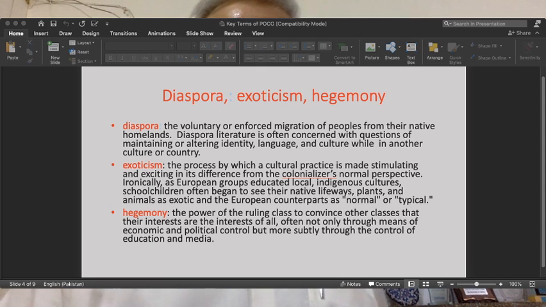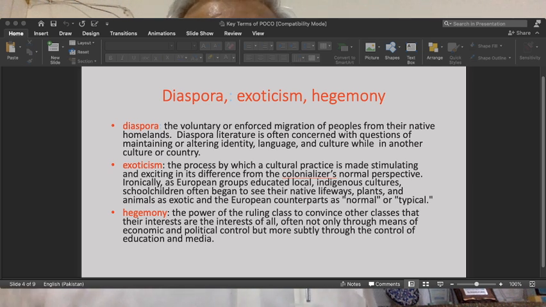First of all, take the diaspora term. Diaspora: the voluntary and enforced migration of peoples from their native homelands. Diaspora literature is often concerned with questions of maintaining or altering identity, language, and culture while in another culture or country. So, diaspora is an important term which describes the situation of the people who have migrated from their homelands because of any situation, maybe war, maybe colonization, maybe hunger, whatever the case was.